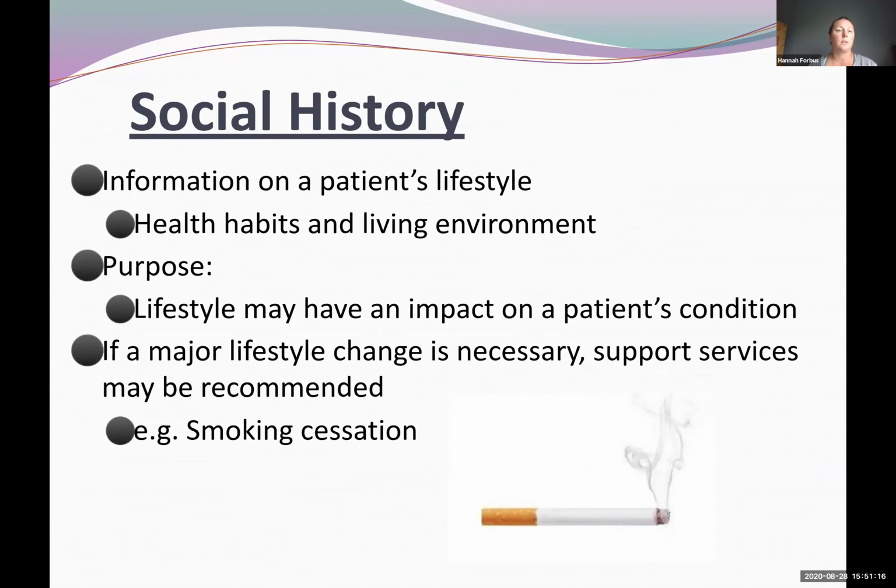The social history, that includes information on a patient's lifestyle, such as health habits and living environment. And the purpose of that is because lifestyle may and can have an impact on a patient's condition. And if a major lifestyle change is necessary, support services might be recommended, such as smoking cessation.